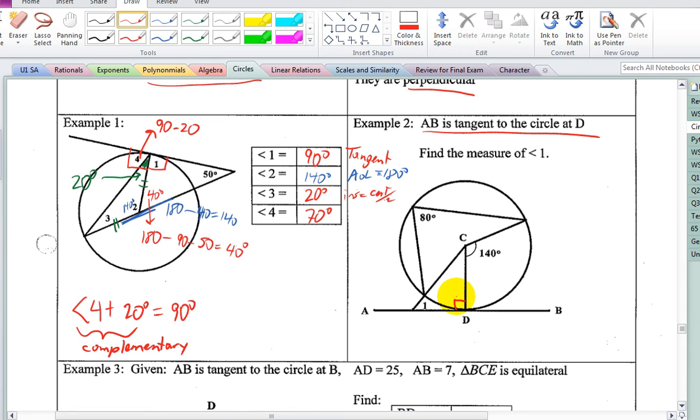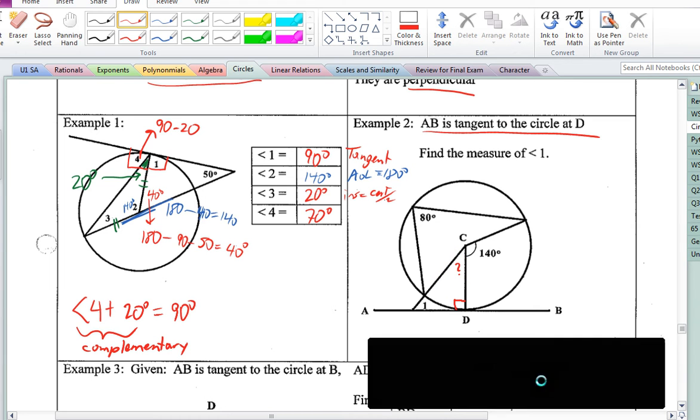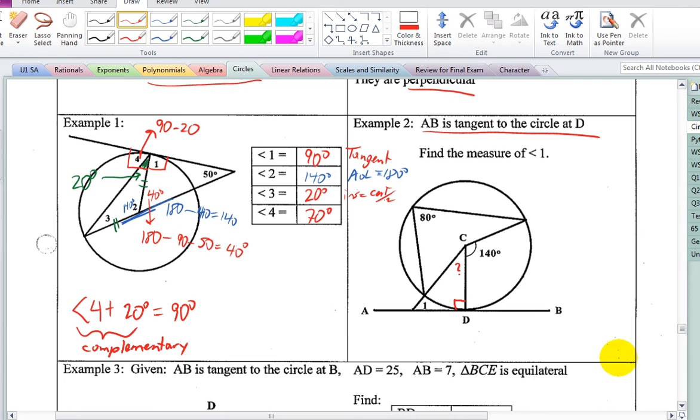Well, in order to find the measure of angle 1, we need to know this top angle in the triangle, because then we can do our triangle rule. Go ahead, try and find the question mark. I'll give you a hint. You need to find this entire angle in red. And 80 degrees will help you do that.